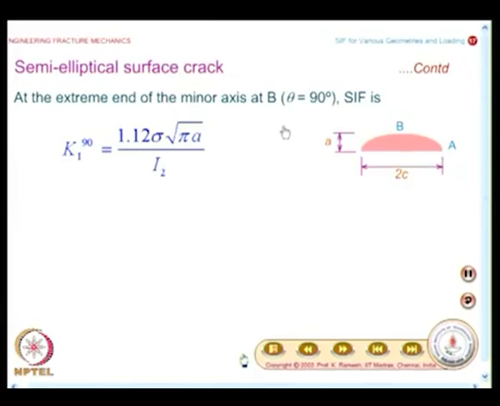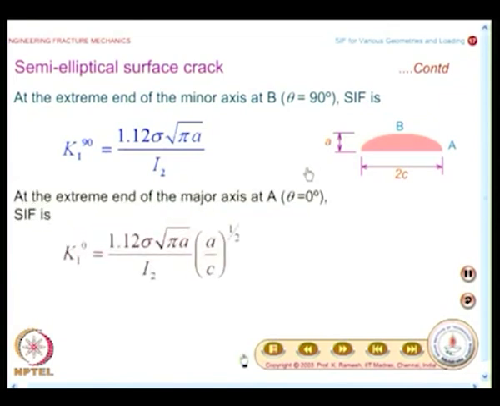And suppose theta equal to 0 degrees, that is at the end of the major axis, the value of the stress intensity factor is given as 1.12 times sigma root pi a divided by I2 multiplied by (a by c) whole power half.